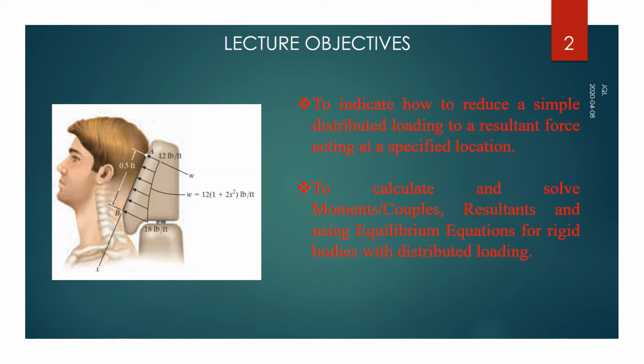The main objectives are: 1. To indicate how to reduce a simple distributed loading to a resultant force acting at a specified location. And the second objective is to calculate and resolve couple force resultants, and of course use equilibrium equations for rigid bodies with distributed loading.